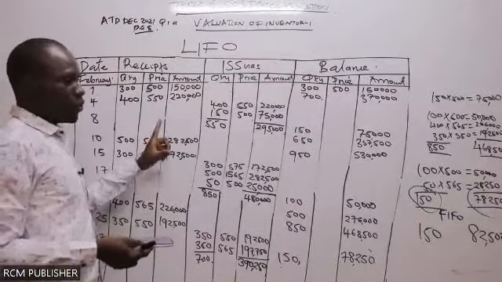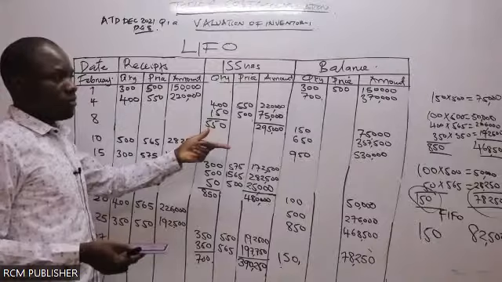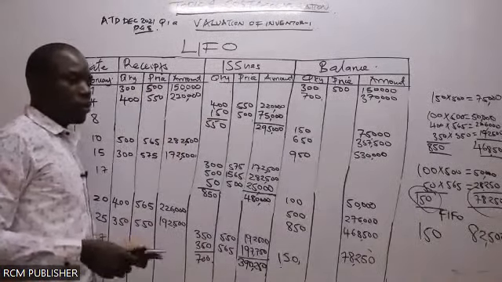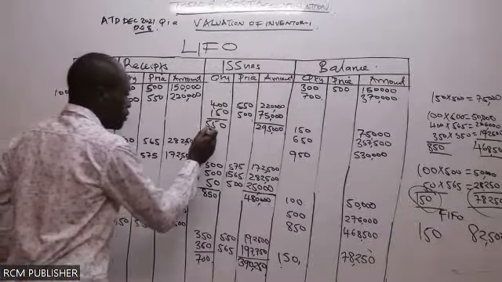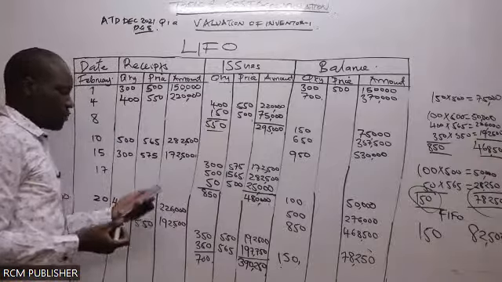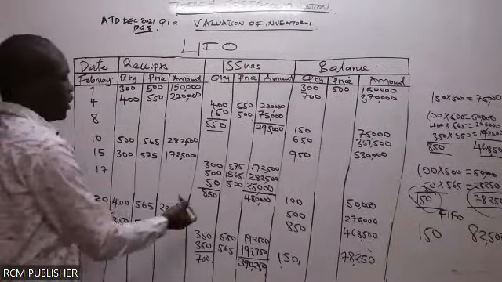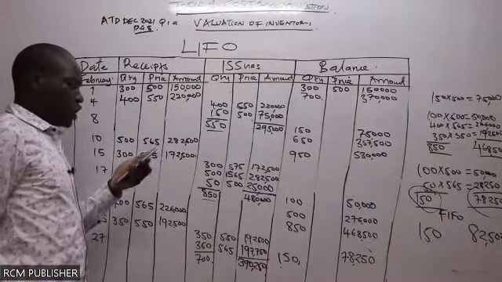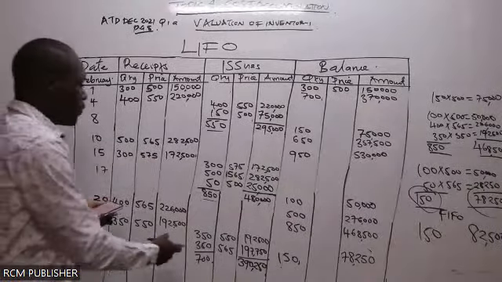So what I want us to do is prepare the same thing, the income statement extract. Of course, the revenue will not change because of this. When we issued 550, we issued them at 850. When we issued 850, we issued them at 800. And then we now move to this one here.